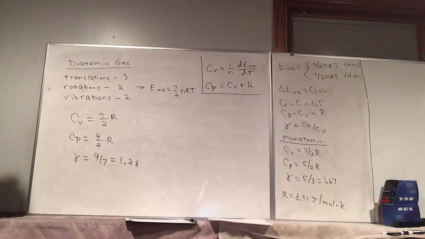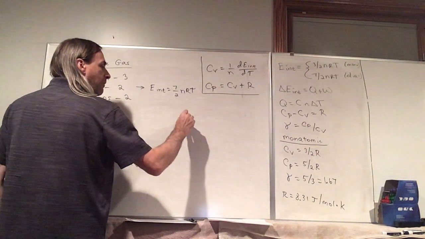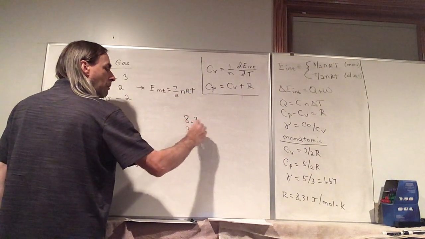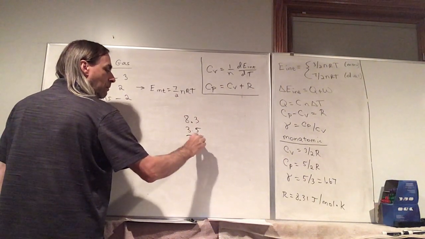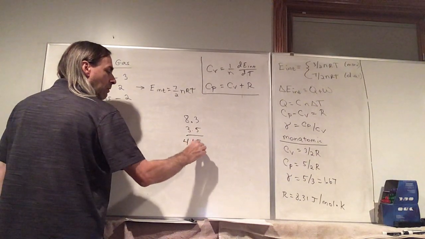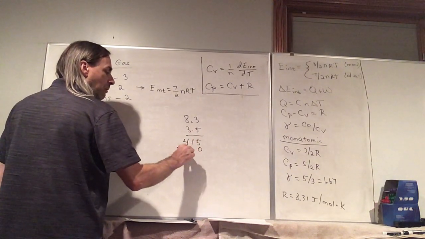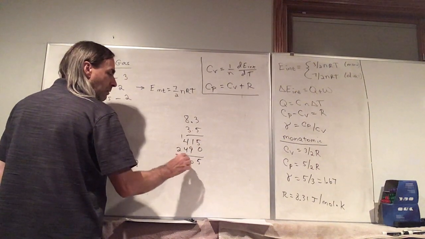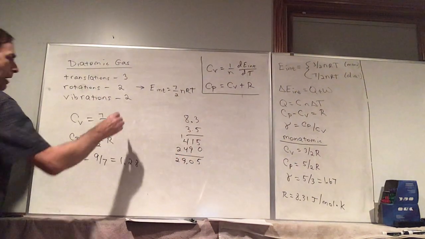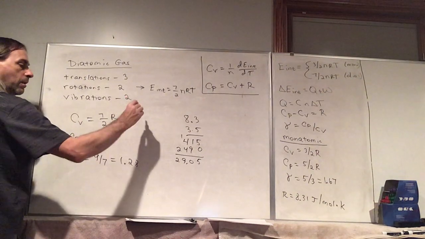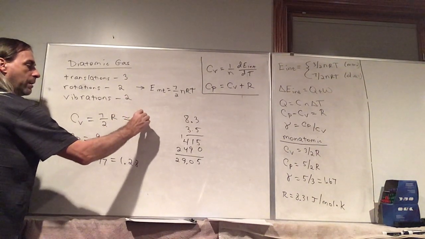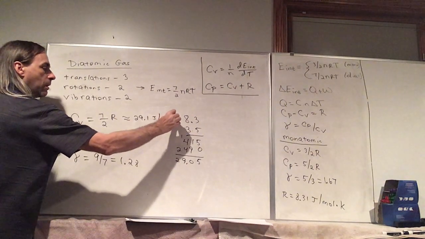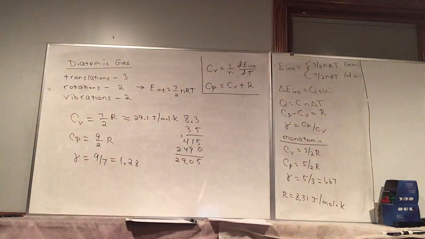Let's look at these values. 3.5 times R is going to be around 29.1 joules per mole Kelvin.